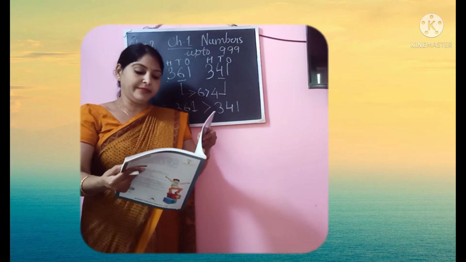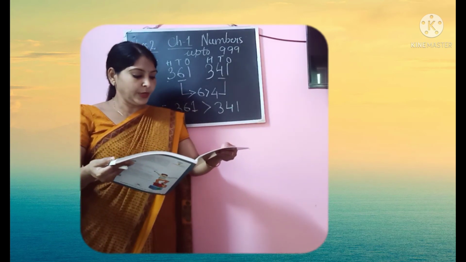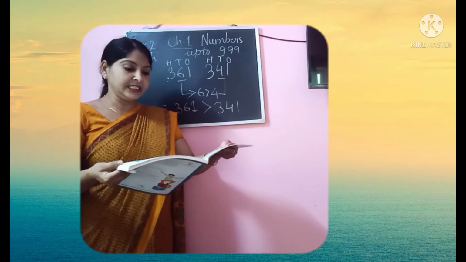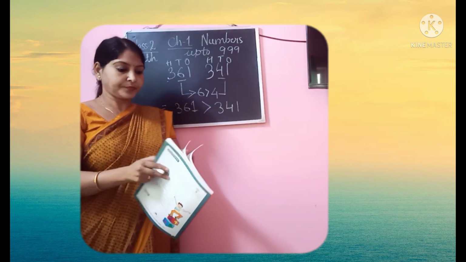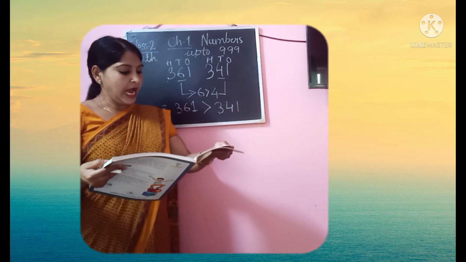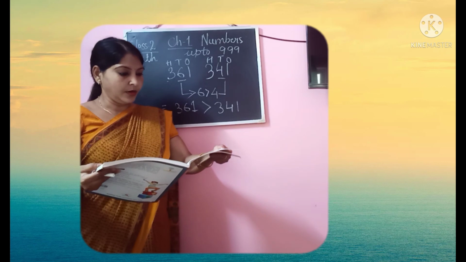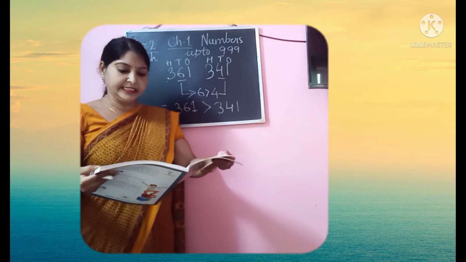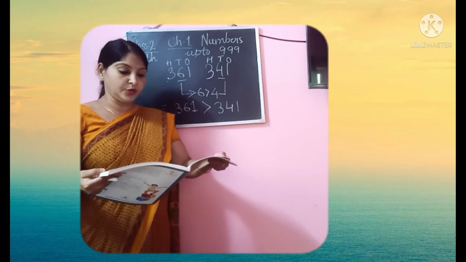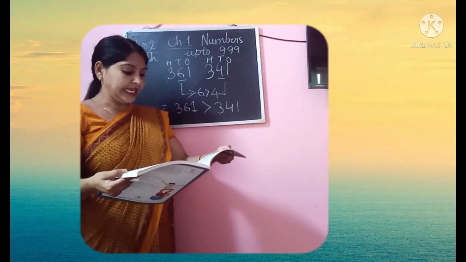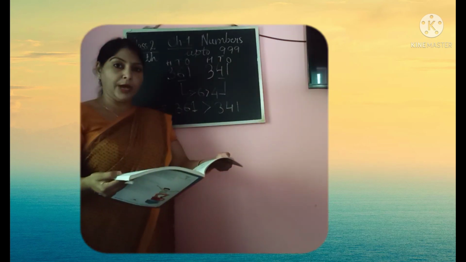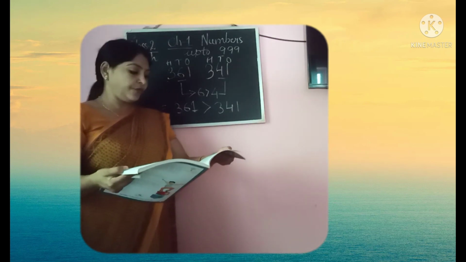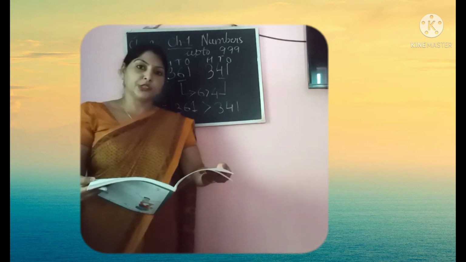So likewise what you can do is exercise 1.7 and 1.8. Ascending and descending order you will not do. From 1.8 you will only do question number 1.